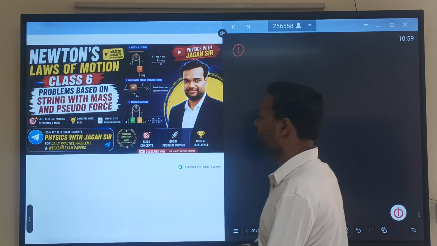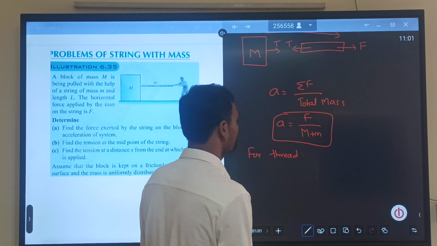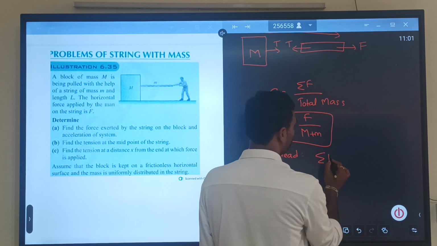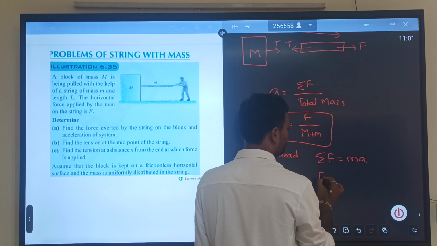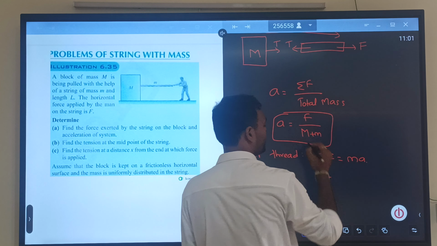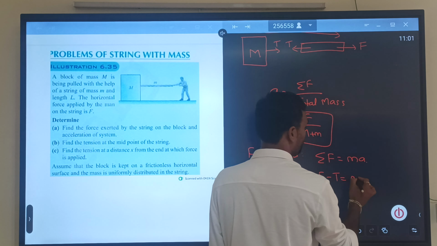Now, the second point is for the thread. If we write Newton's second law, sigma F equals ma. For the thread, F is acting in the rightward direction, tension is acting in the leftward direction, the mass of the thread is m, and the acceleration is a.